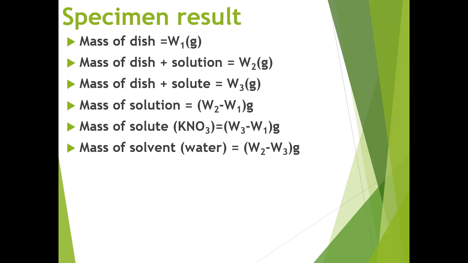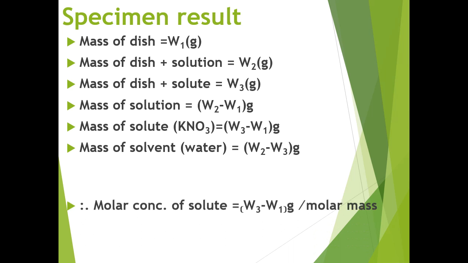When you want to obtain the mass of the solvent, which is water, it can be obtained by subtracting the mass of the dish plus solute, which we let be W3, from the mass of the dish plus solution, which we let be W2. So the mass of the solvent, which is the water, will be equal to W2 minus W3.